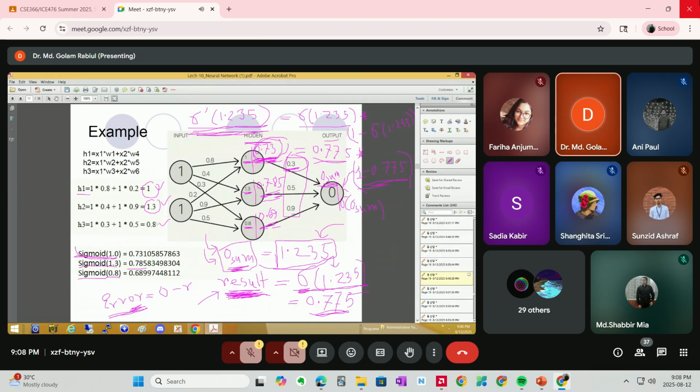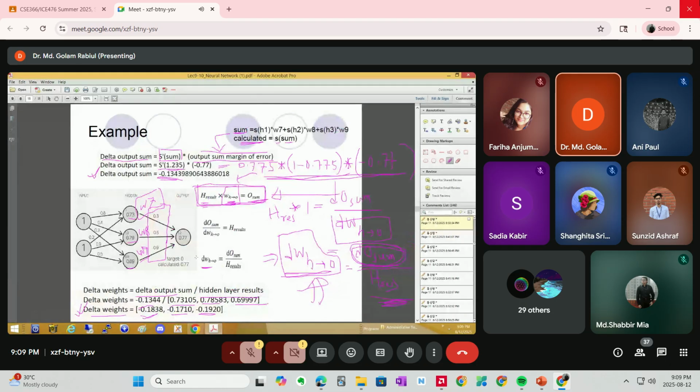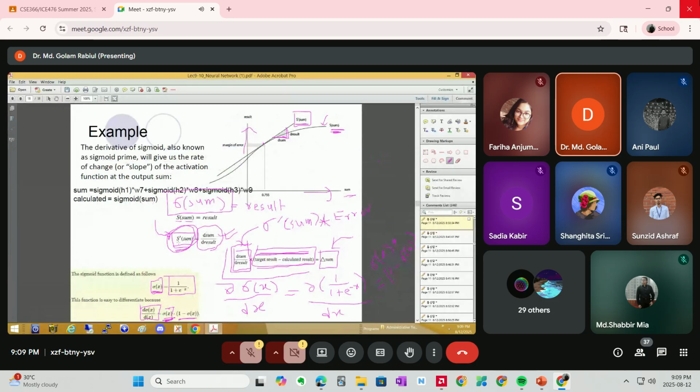Those are the hidden layer summation, and we applied the sigmoid function to these values to find the hidden results: 0.73, 0.785, 0.69. So hidden layer results we got from the sigmoid of the hidden sum. So here the derivative of the sigmoid of the sum equals delta sum by delta results.